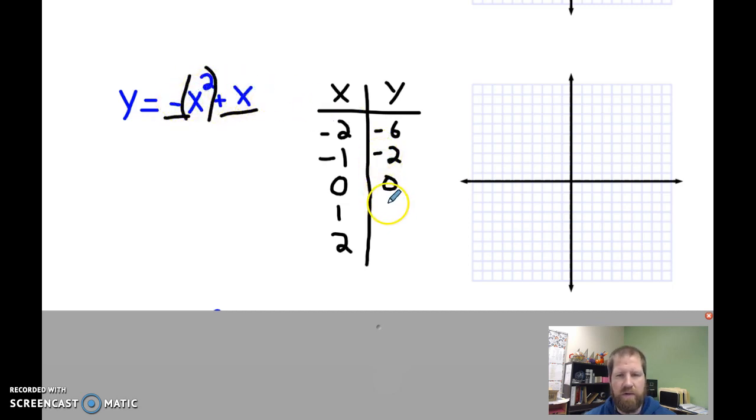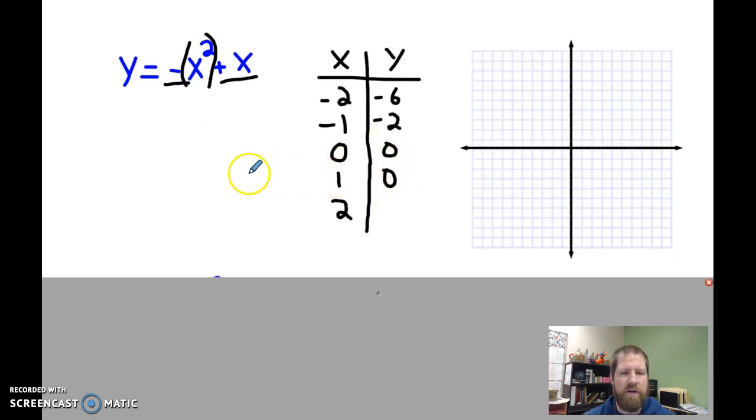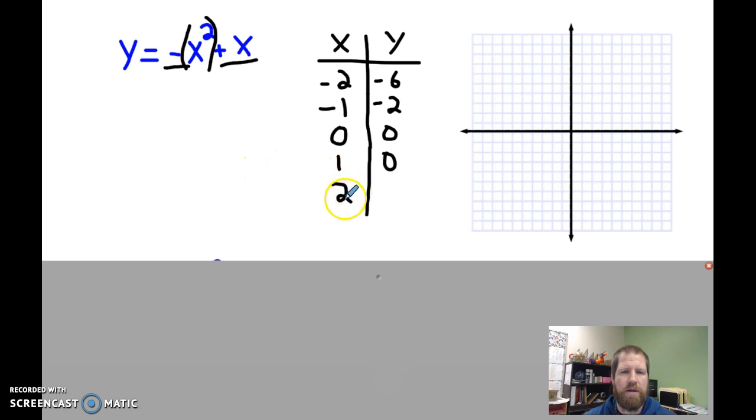Negative 1 plus a positive 1 is also going to be 0. So that starts looking different. And then 2 squared is 4, but it's negative, so negative 4 plus a positive 2 is going to be negative 2. I'm glad to see that, because it does look like we've got our center point somewhere in there. We're starting to see repeated values.